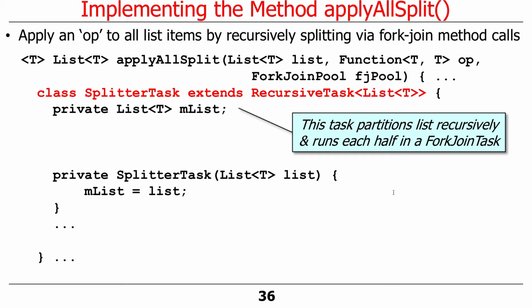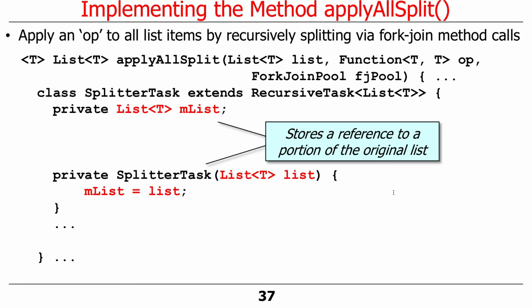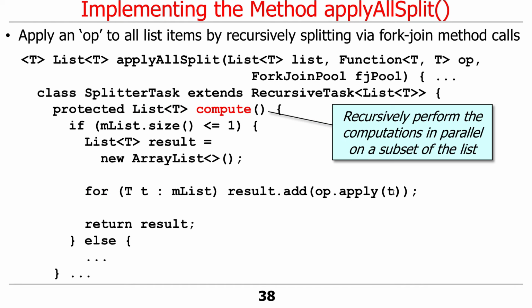Splitter task has a private list called mlist, and a constructor that takes a list and stores a reference to the parameter that's passed into it. We'll see in a second that the parameter is going to be, each time, half the list. Here's the compute method, and I broke this up into two parts because it's too long to fit easily into one slide.